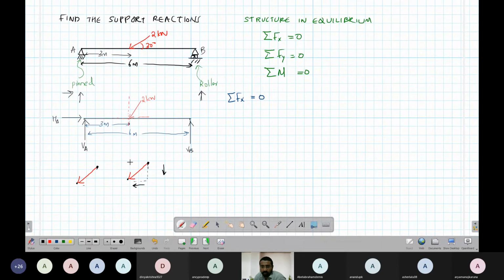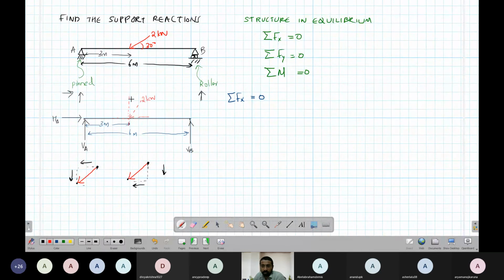Another way of doing it is you can travel in this direction, then you can travel like this. So, vertical force downward, horizontal force. I can rub off this force and make it dotted.